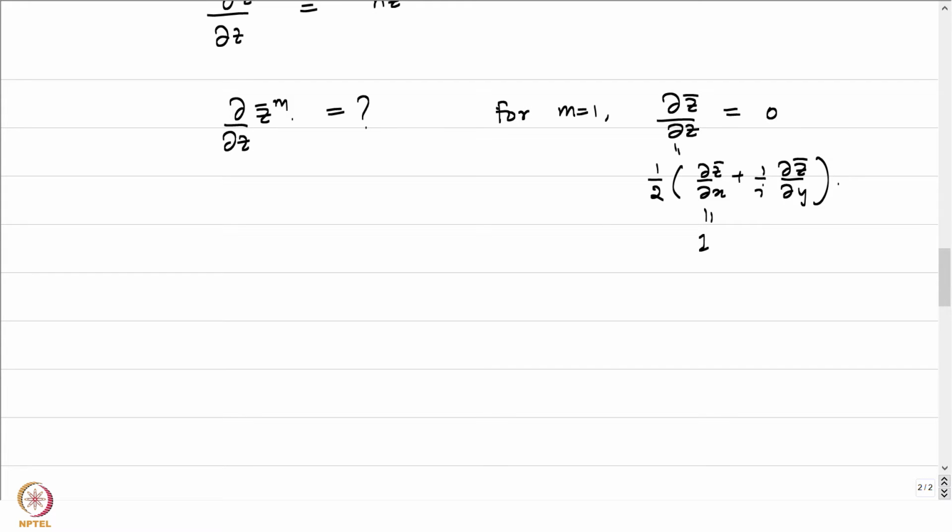And the y derivative of x minus iy is just going to be minus i. So this is going to be 1 plus 1 by i times minus i, which is 1 minus 1, which is equal to 0. So this is quite straightforward. And now by applying the product rule, we have ∂z̄^m/∂z is equal to 0.